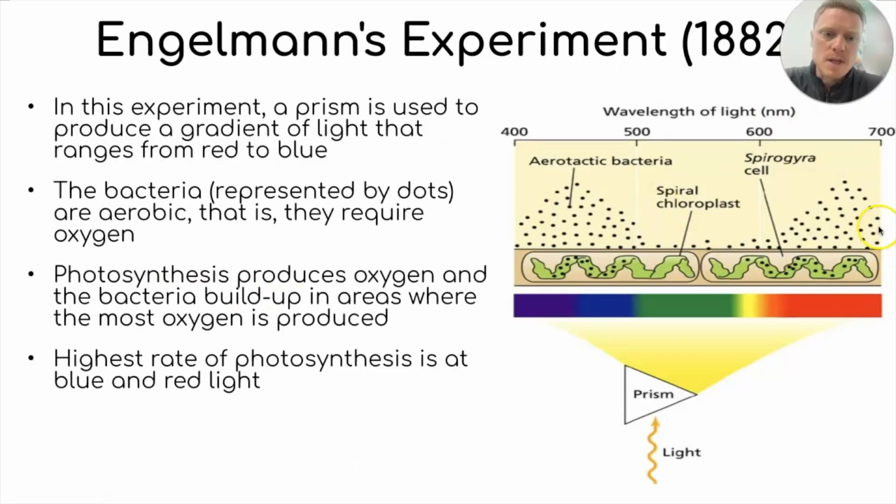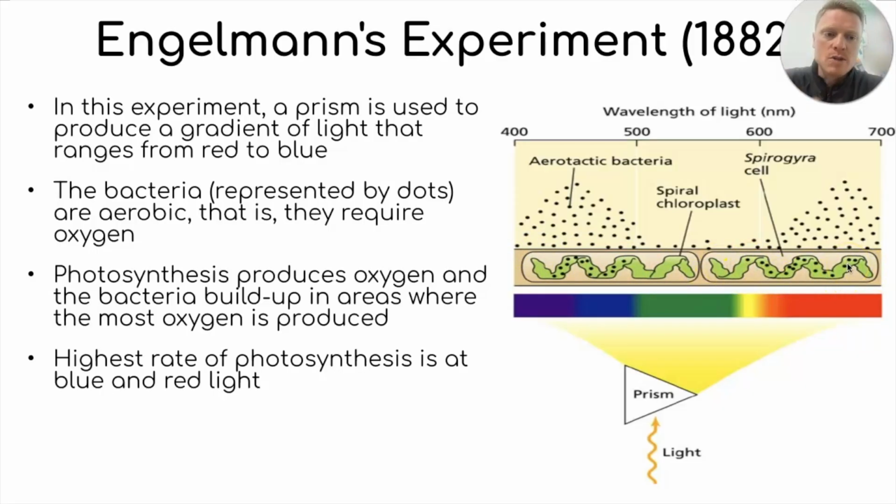This is an interesting experiment here that was done a long time ago before scientists were able to actually measure specific wavelengths. What this gentleman did, his name is Engelmann, is he used a prism to break light into its individual colors, into its spectrum. And he shined that light through a tube that contained this photosynthetic algae.